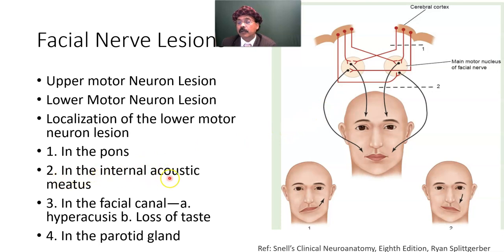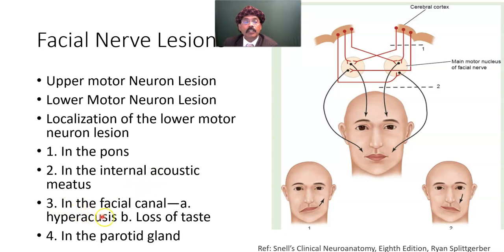Okay, in the internal acoustic meatus, we may localize the problem if it is associated with the problem of the vestibulocochlear nerve, because the vestibulocochlear nerve and facial nerve both enter the internal acoustic meatus. So any lesion here may also damage the eighth cranial nerve. So there may be hearing loss, there may be equilibrium loss.